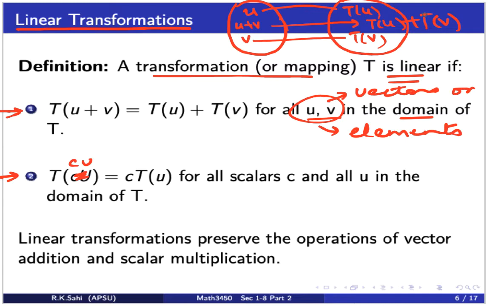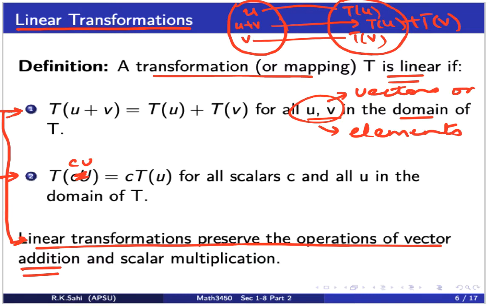If you're adding two elements in one, then when you look at their elements TU and TV, basically you're adding those elements actually. That's what it simply means. So in the terminology of linear algebra, it says linear transformations preserve the operation of vector addition. That's what this whole thing means.